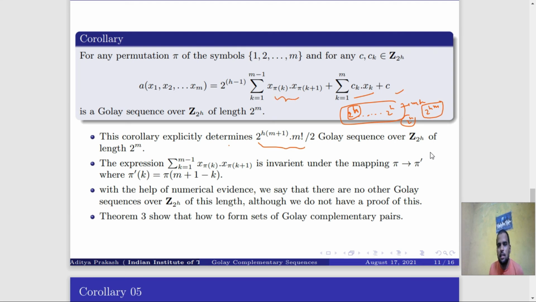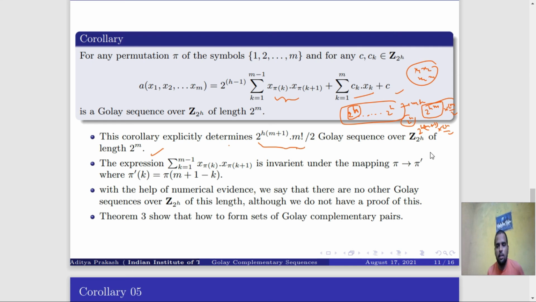And you know in this case the two are conjugated, that means x1 x2 or x2 x1 both are the same, so that's why we can factorize m factorial by 2, divided by 2. Overall we get 2 to the power h, m plus 1 into factorial m by 2. That means Golay sequences over Z to the power 2h of length 2m.